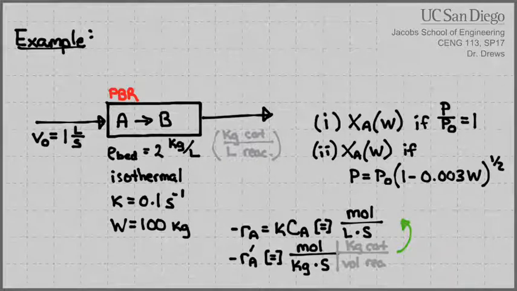So this conversion factor that I think we briefly brought up on Monday's class is what? The bed density. That's telling you there's such and such an amount of catalyst, kilograms of catalyst, per volume of reactor. So if we want to convert between these two, R sub A is equal to rho sub bed times RA prime.